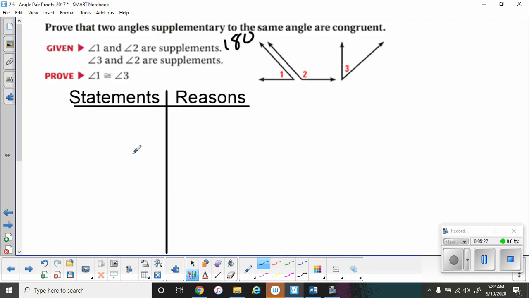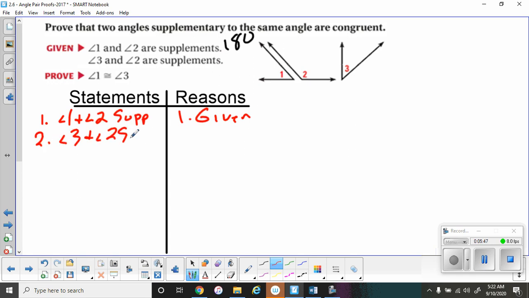That's what we're going to use. So we always start with our given. So I say angle 1 and angle 2 are supplementary. And then angle 3 and angle 2 are supplementary.